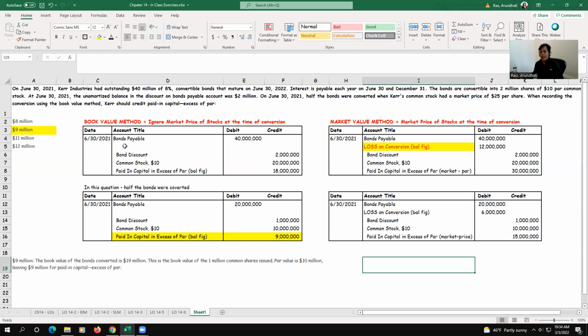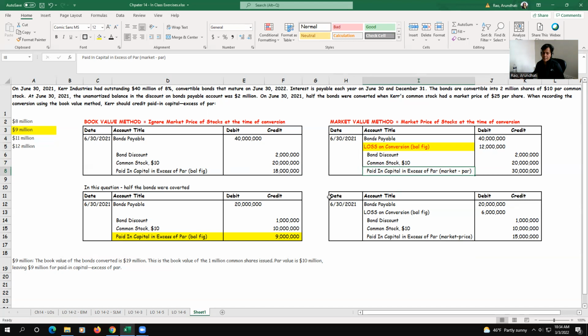If it's the book value method, I'm switching from debt to equity, therefore I should not recognize any gain or loss. In the market value method, we say no. If I had sold these stocks to the public, I would have gotten $25 per share. So I should record paid-in capital in excess of par to reflect that market value at the time the stocks are given to the bondholders.